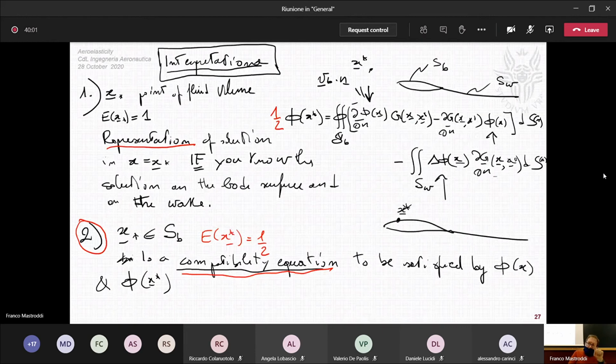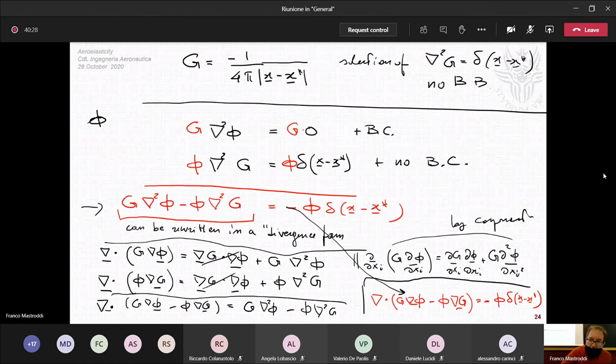And in the second meaning, using the second meaning, we are able to evaluate the velocity potential on the body. By using this second interpretation, we will define the algorithm for evaluating on the body the velocity potential and on the wake. And this is the scope of this last part.